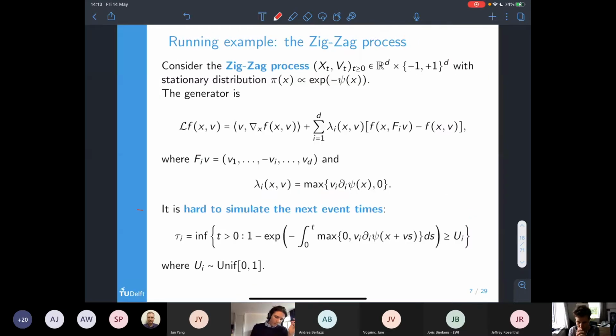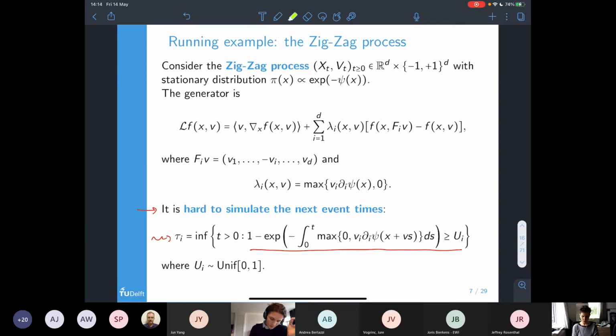Then, the problem I would like to use as a motivation in this talk is the following. In many cases it is very difficult, and in some we don't know how, to compute these random times. So the next event time for a zigzag process would have this form. We would have to solve this infimum problem and find the smallest t such that this inequality holds.